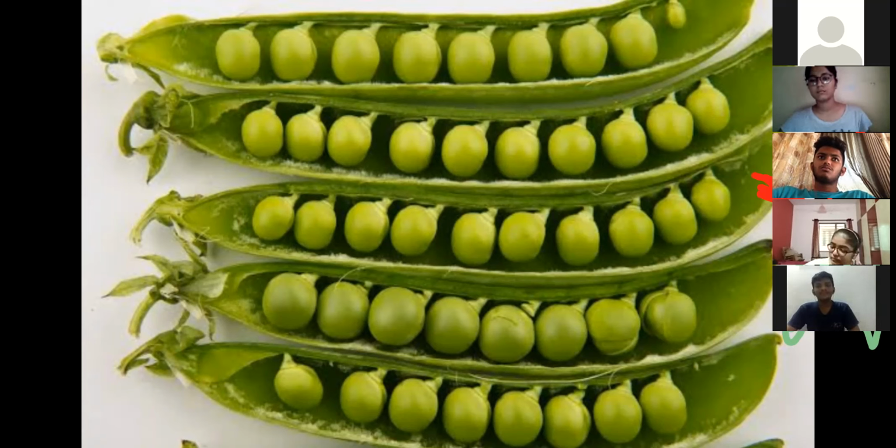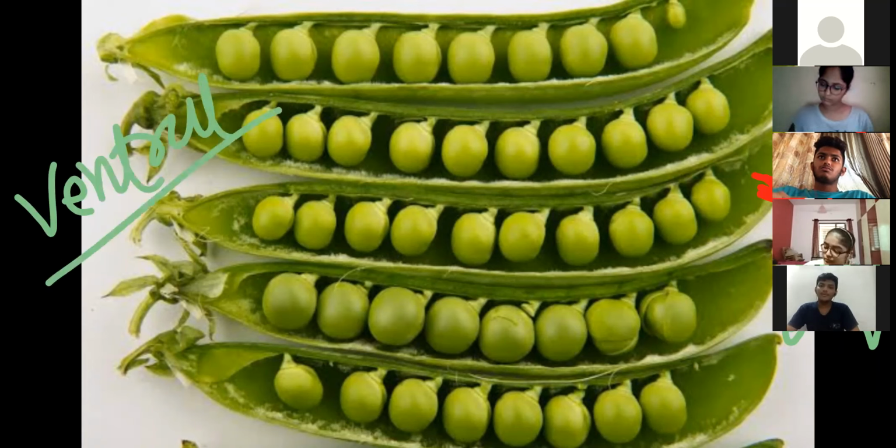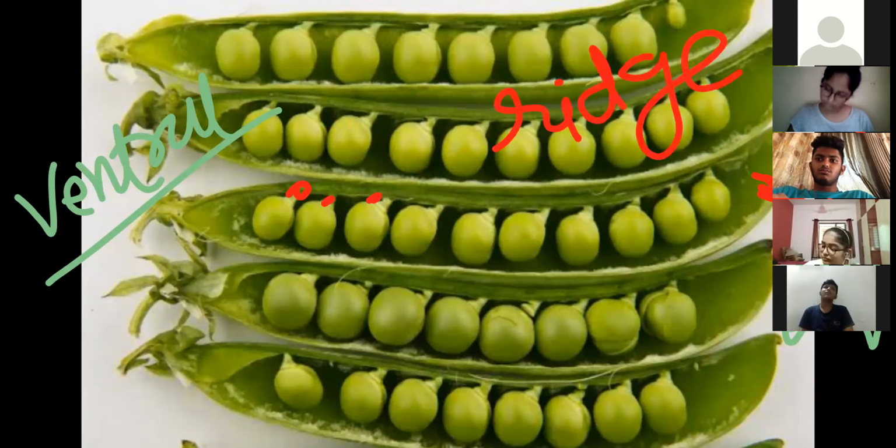That side we call ventral side. That is the ventral side of this green pea. And on this ventral side, these swollen structures are there that we call ridge shape structure. That we call ridge, swollen structure along the ventral surface, ventral suture. Suture meaning what?